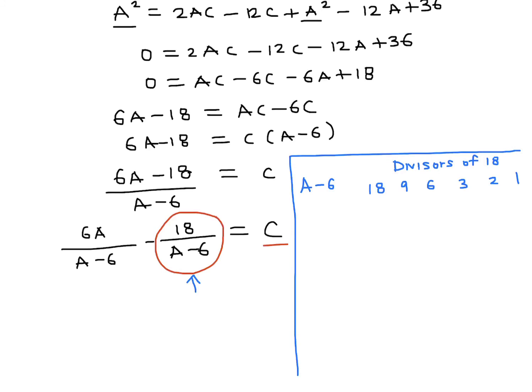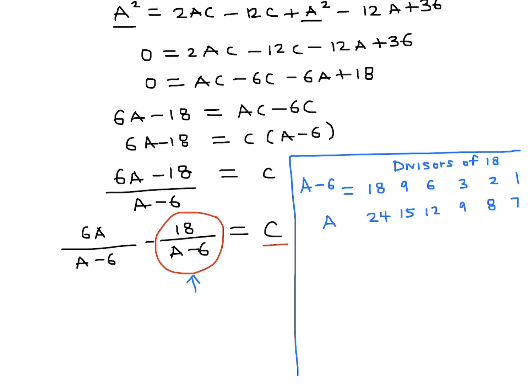So let's go through this. If a minus 6 is equal to 18, a would be 24. If a minus 6 is 9, a would become 15. And going through this, you'll get 12, 9, 8, and 7.